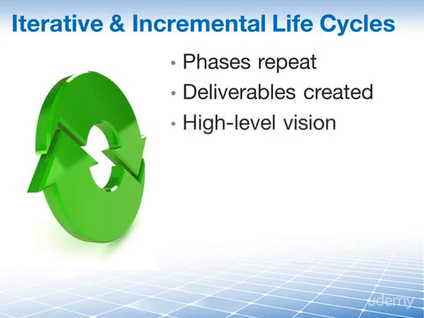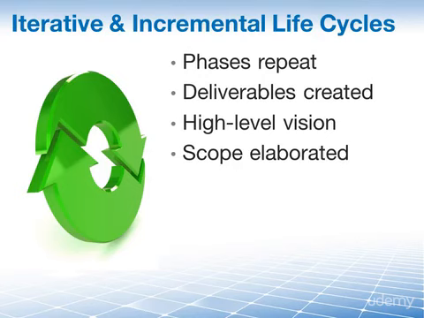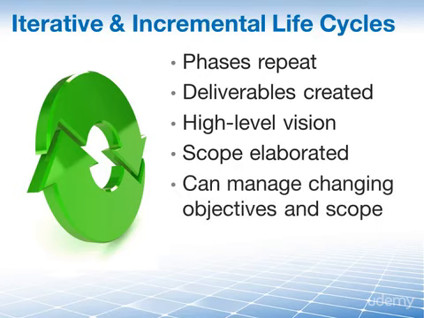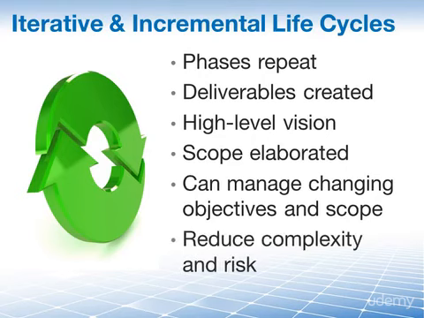While there is a high-level vision for the project, which is created at the beginning of the project cycle, the scope is elaborated as each phase iteration passes. This helps to manage changing objectives and changing scope. Change is always certain in a project, and this iterative and incremental approach helps you manage these changes, which in turn helps to reduce your project's complexity and risk.